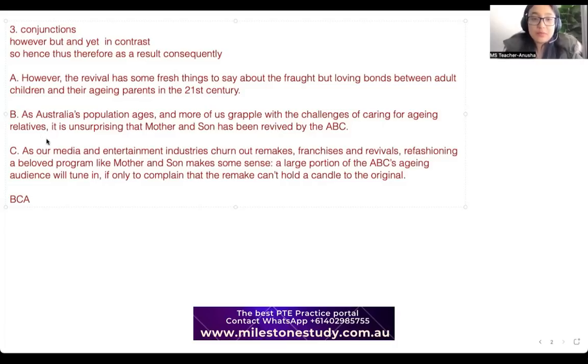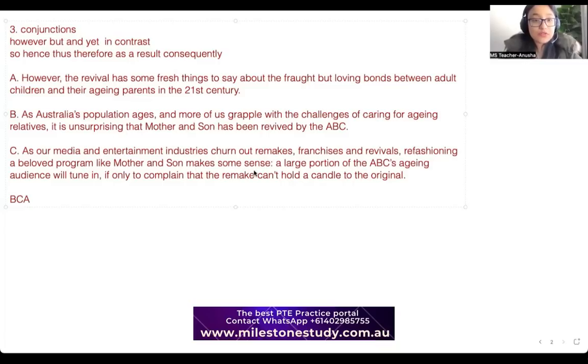So as this is happening in the country, it is unsurprising that this channel, ABC, is trying to show this program Mother and Son, so that people are a bit emotional and they watch this series. Then they say, as our media and entertainment industries churn out remakes, so they're reviving, means they are making remakes, they are making part 2. They're reviving the previous shows. Refashioning a beloved program like Mother and Son makes some sense.